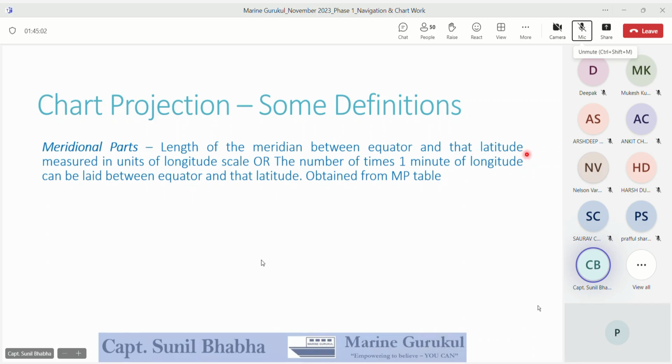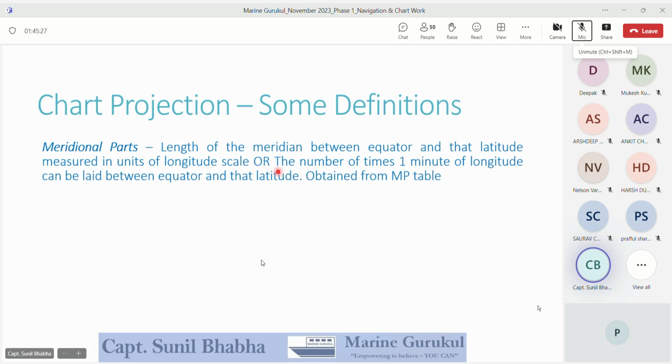Meridional parts are in reference to latitude. Every latitude will have a meridional parts value. So it is the length of the meridian between the equator and that latitude measured in units of longitude scale. Or you can also explain it in a different way.